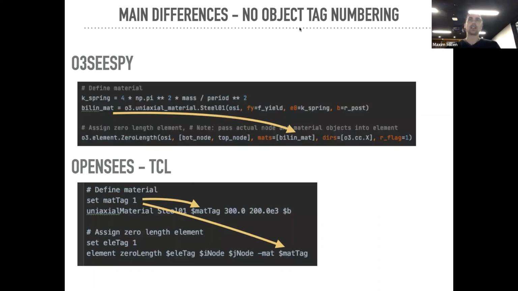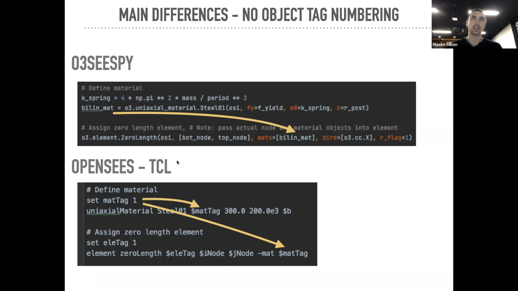The first is that you don't need to use tag numbers. So in TCL and OpenSeespy, you define tag numbers for nearly everything, and you need to track which tags go to which. In O3seespy, when you initialize an object, it gives it a tag number, which is hidden under the hood, and then you can pass that object into other objects, and it will determine what tags it should be attached to in the underlying library.